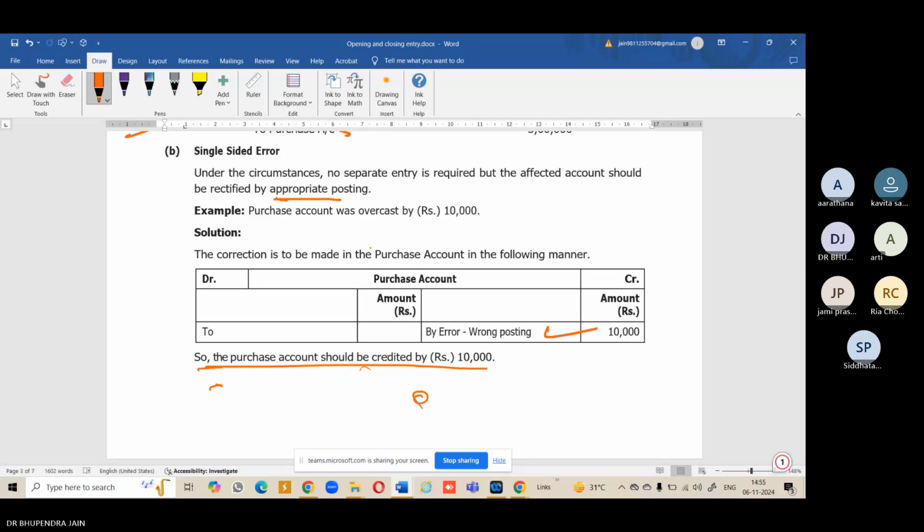Suppose the sales account was overcast by rupees 10,000.